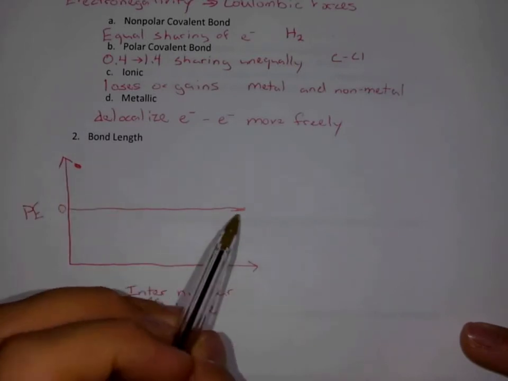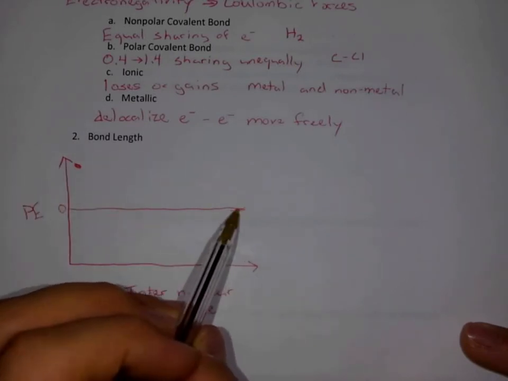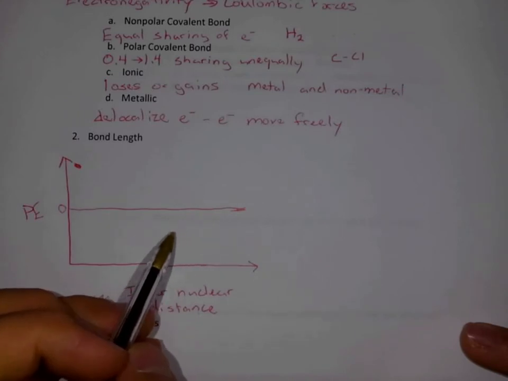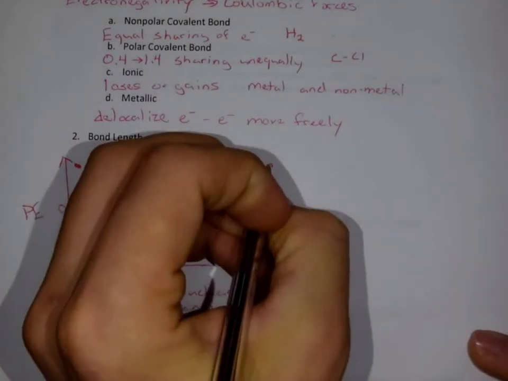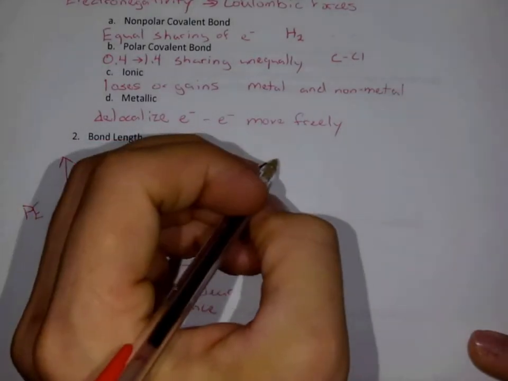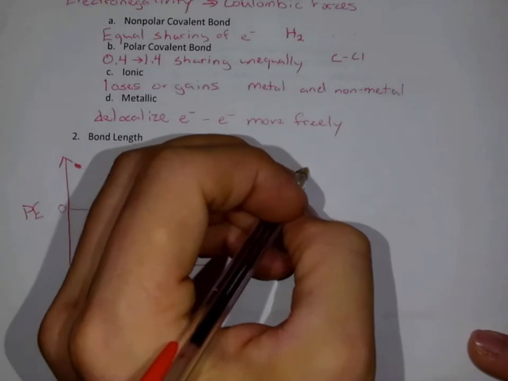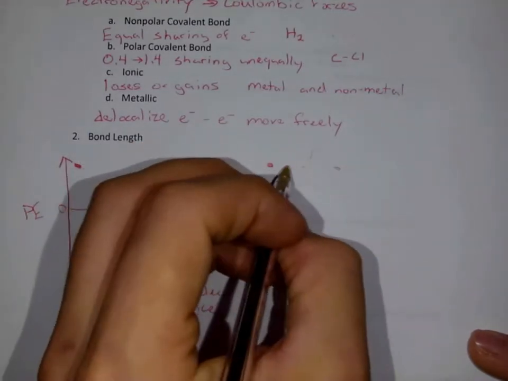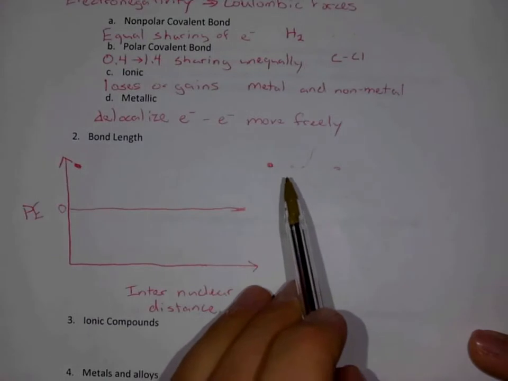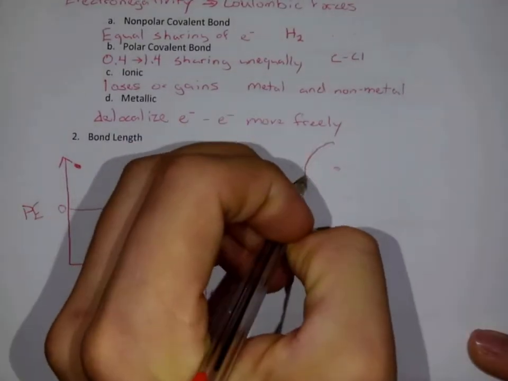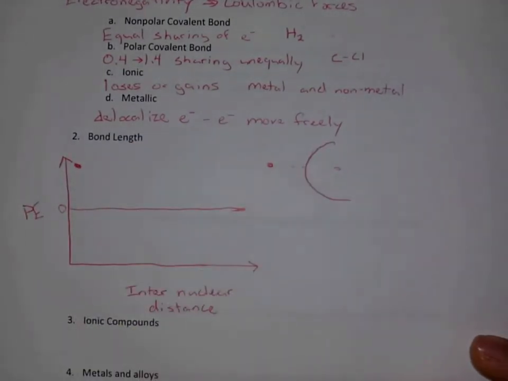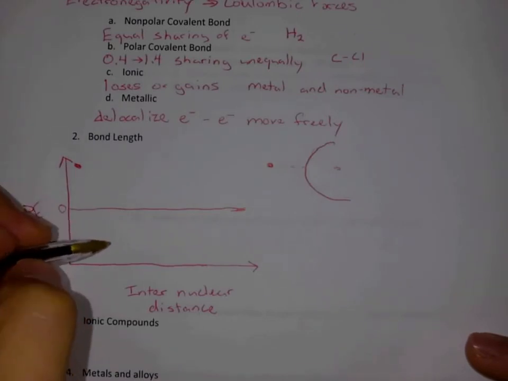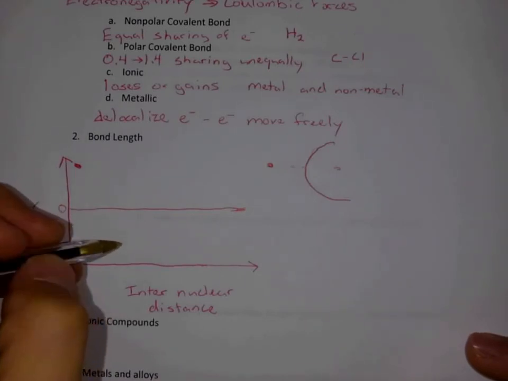But as we move from far away to closer together, the protons in the nucleus of one atom get to interact with the electron cloud of the other atom. We get this interaction that is positive, that is useful, that releases potential energy.